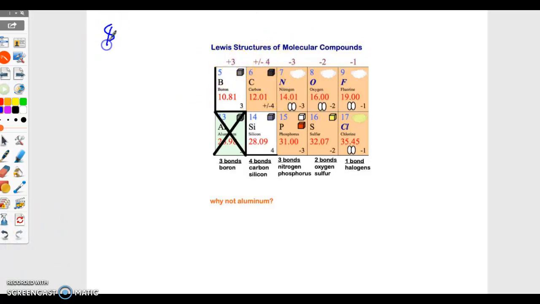So we're going for 8, but there's also a pattern on the periodic table that we haven't really talked about yet, and we haven't had a reason to until now. And remember, we're talking about molecular compounds, which means nonmetals only.